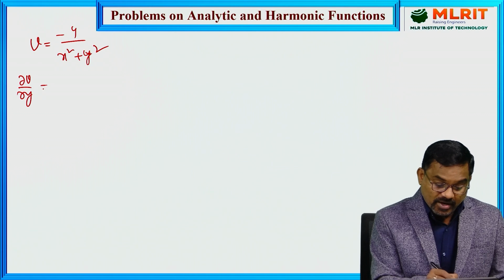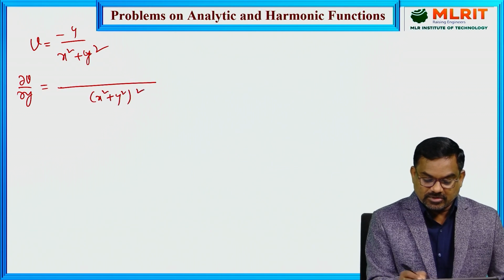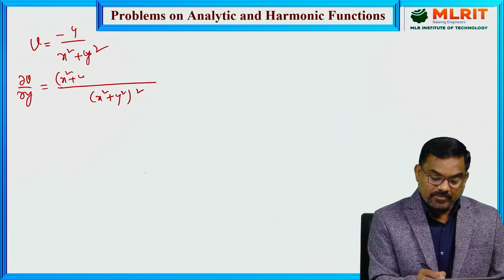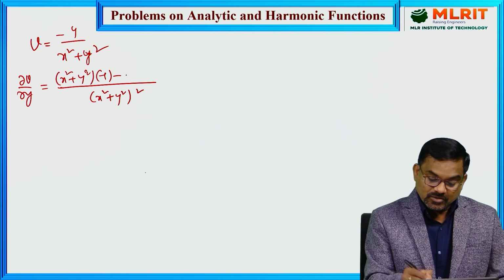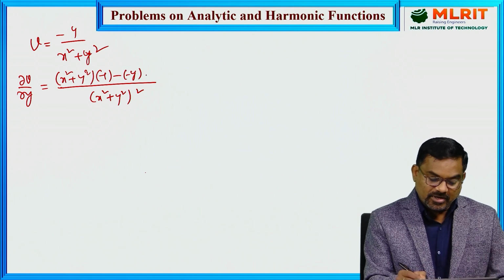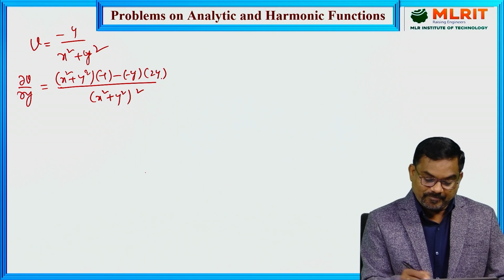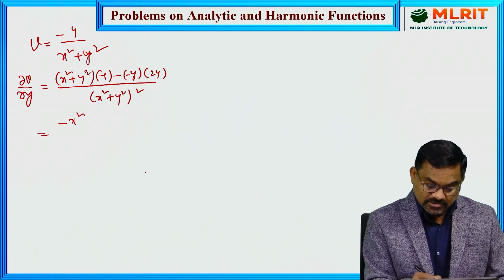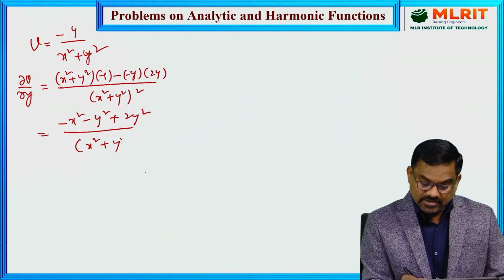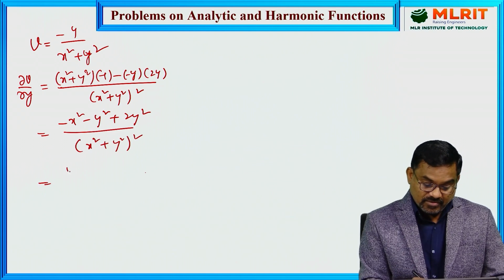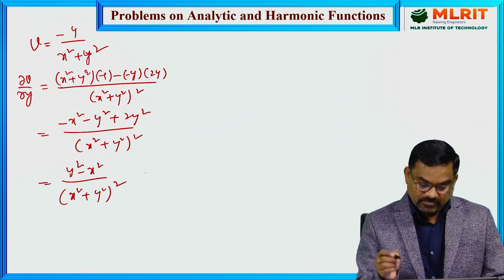Dou v by dou y, uv rule, x square plus y square whole square, the denominator into numerator derivative with respect to y, minus 1, minus numerator into denominator derivative with respect to y, 2y. So this is minus x square minus y square plus 2y square by x square plus y square whole square, which is y square minus x square by x square plus y square whole square.